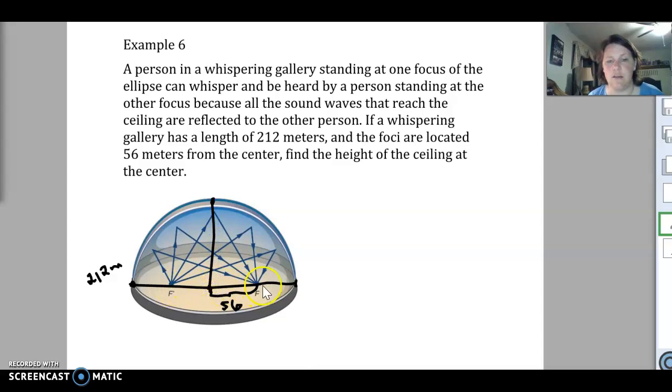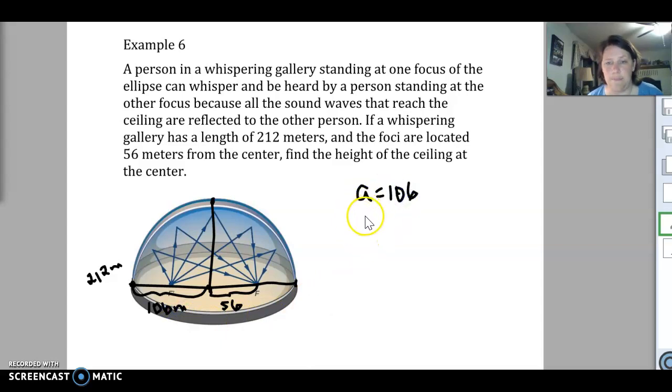If the foci are on these points, that means this is our major axis, and so this is going to be our A value. So our A value is going to be half of 212, because 212 is all the way across. So what's that going to be? 106. So 106 meters. So we have A equals 106.